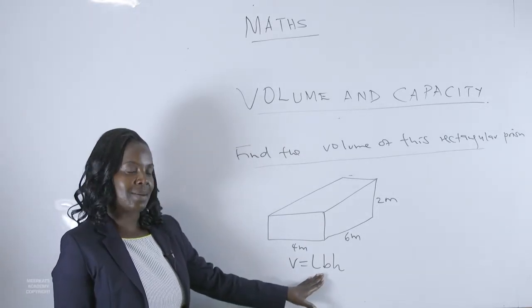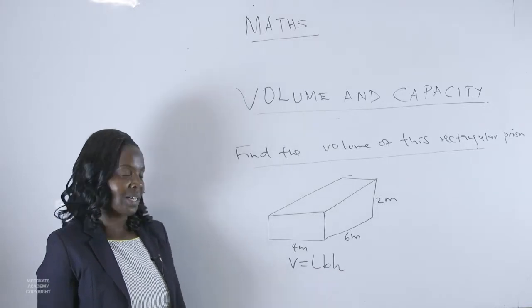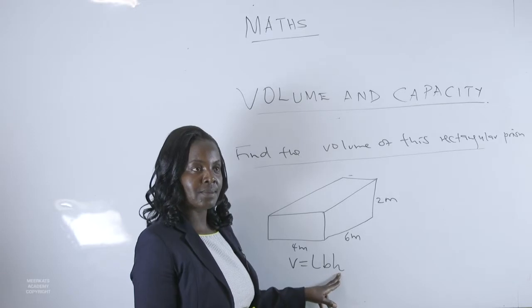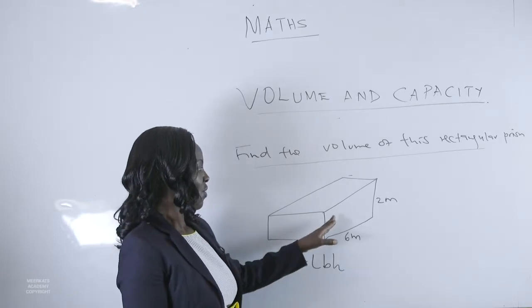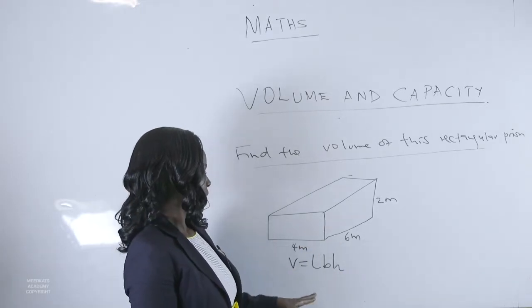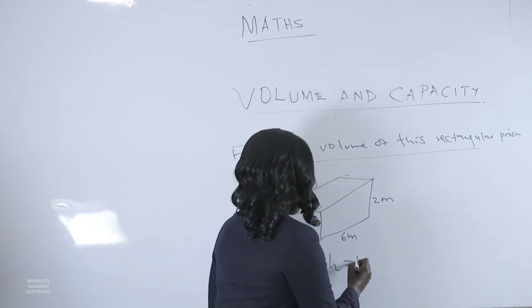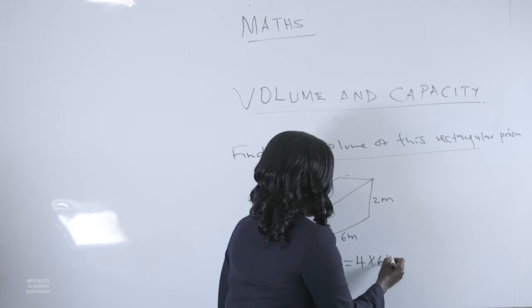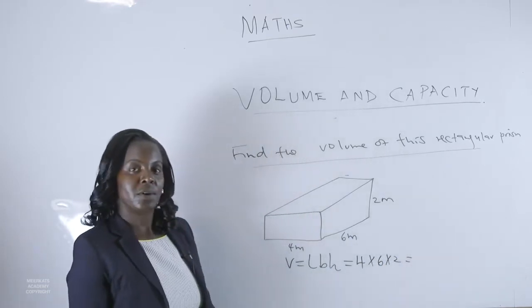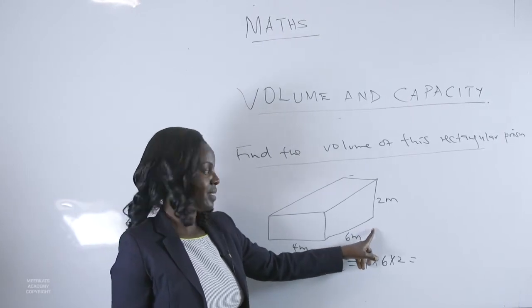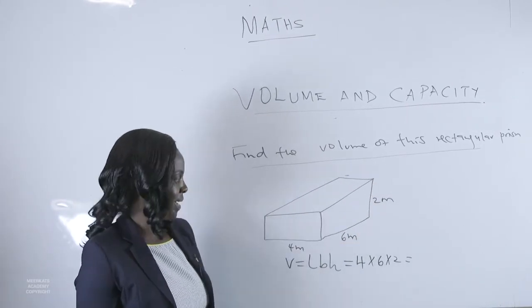If we replace the dimensions of this prism in our formula, we have 4, which is the length, times 6, the base, and then 2, the height.